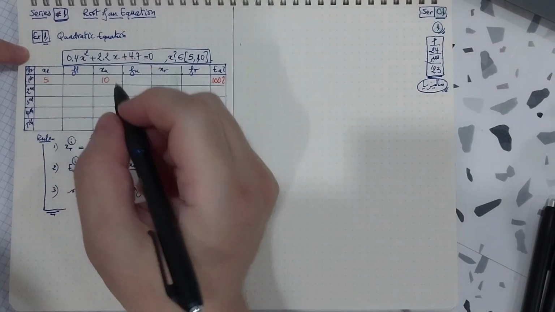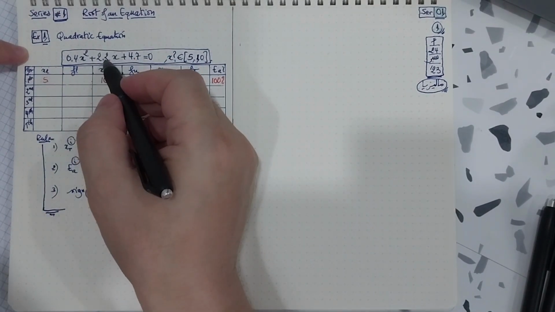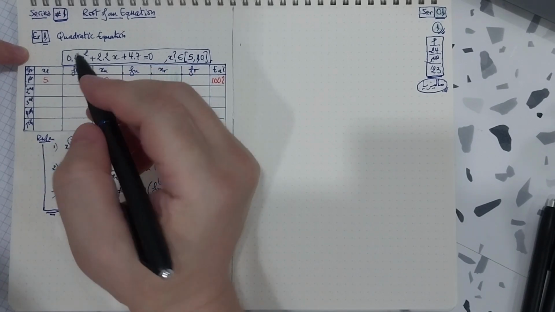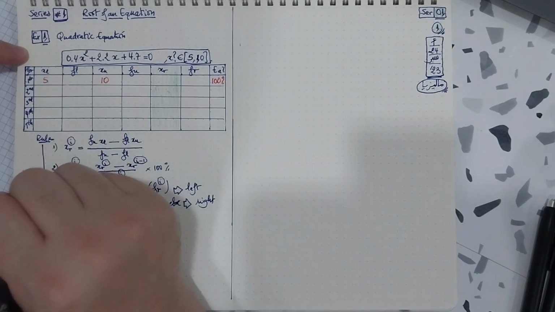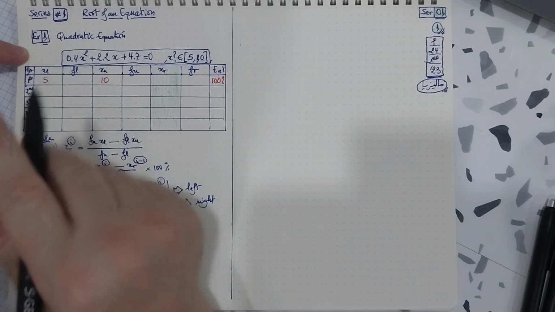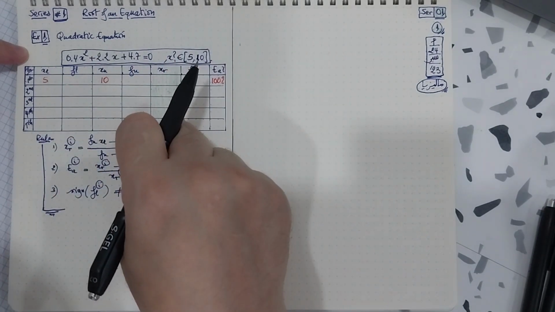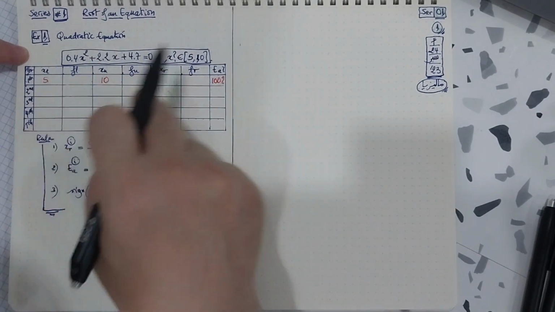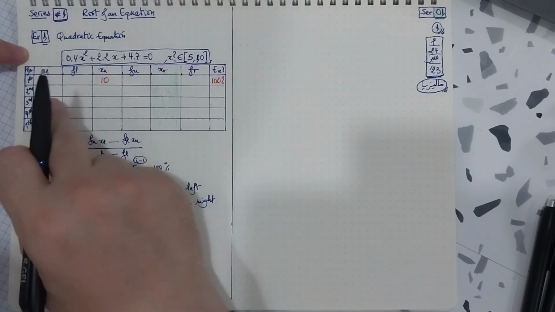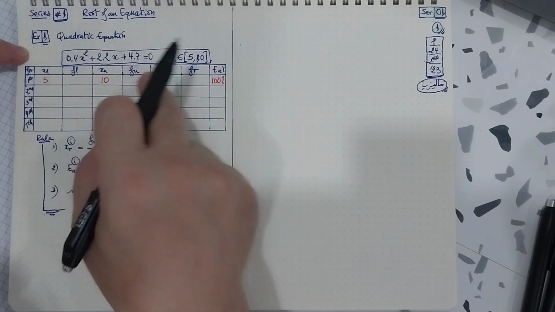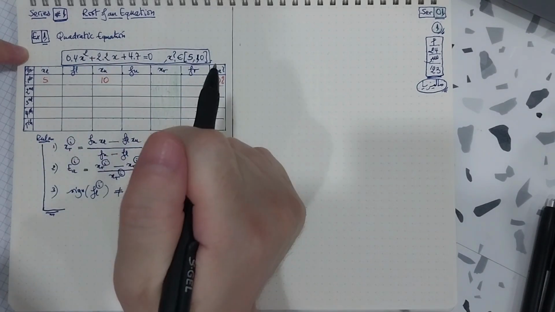We have our equation. We take 5 in the equation to get the image. So try to practice with me. You can, of course, pause the video, try to fill the first and the second, or pause the video at each cell, as you like.